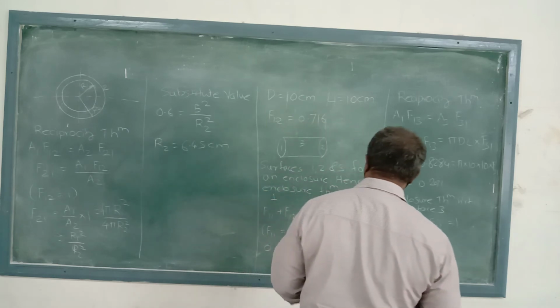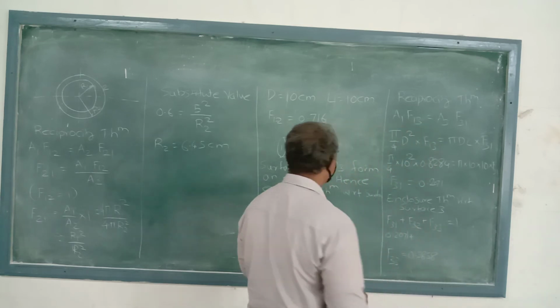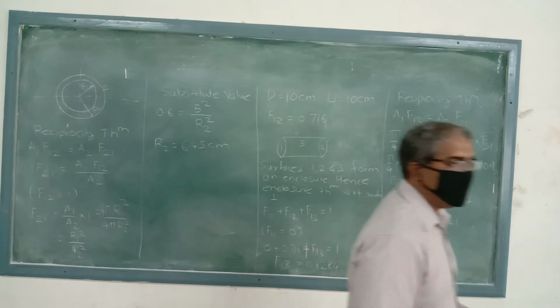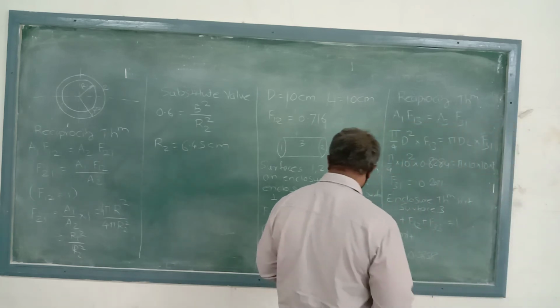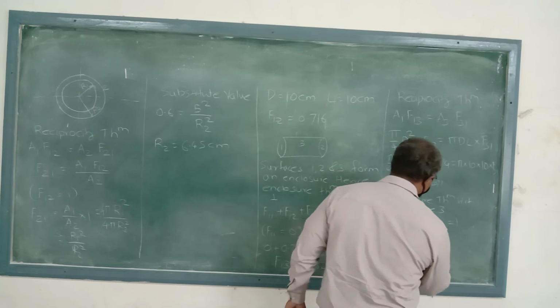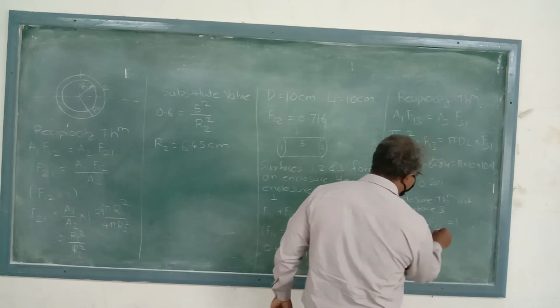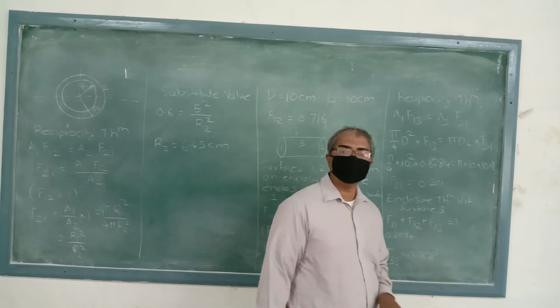We substitute F3 to 2 from the shape factor formula, and we need to find F3 to 3.